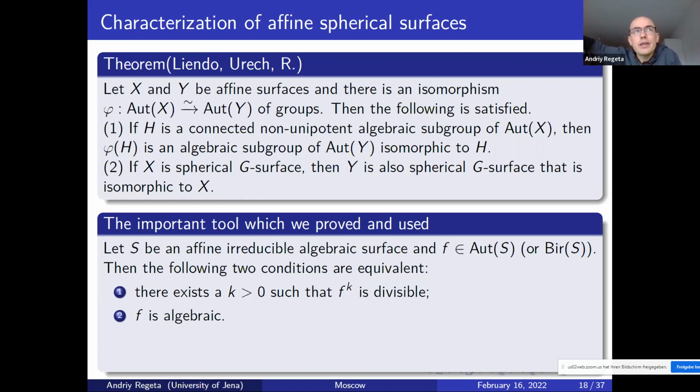But if you take some element from G_m times some element of finite order, not from G_m, then this element will not be divisible. I see. So basically, you take this power just to kill the finite order part, the torsion part, so to say.